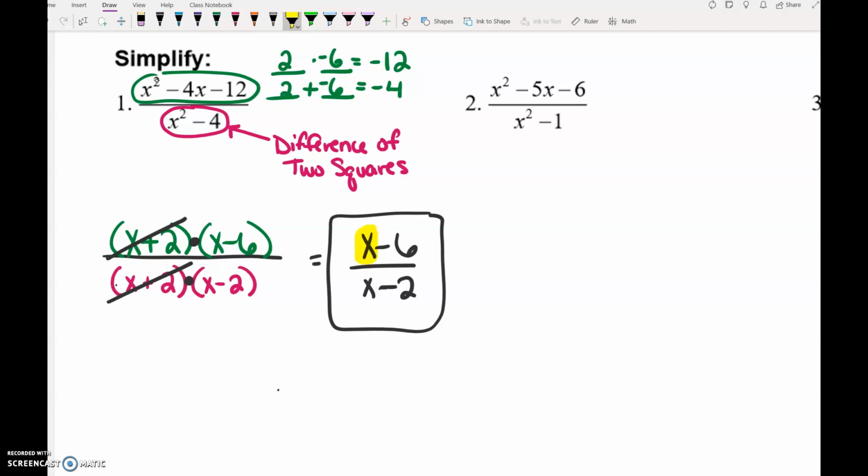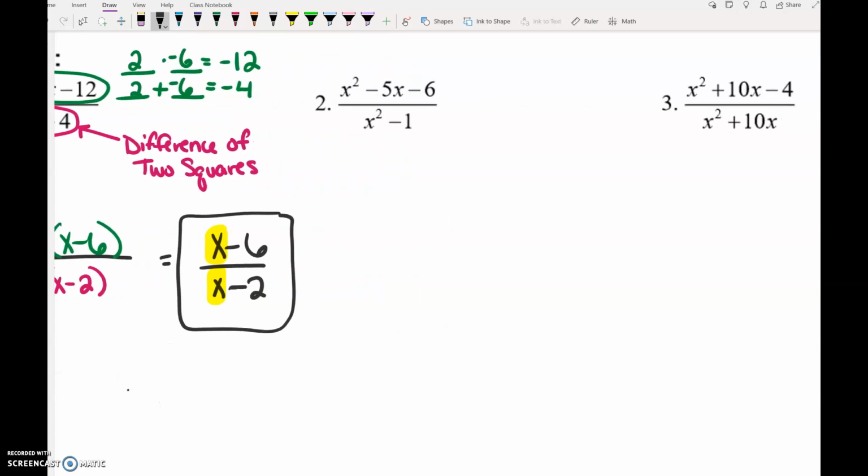So in this answer, we could not cancel these x's because x is being subtracted by 6, x is being subtracted by 2. These are actually called addends and subtrahends, not factors. Now if it was x times x minus 6 over x times x minus 2, then we could cancel them because it's x times those things. You can cross out things that are being multiplied. You cannot cross out things that are being added or subtracted.